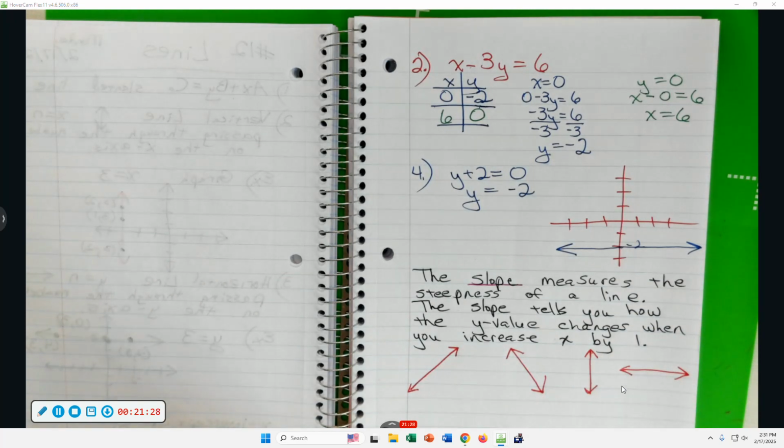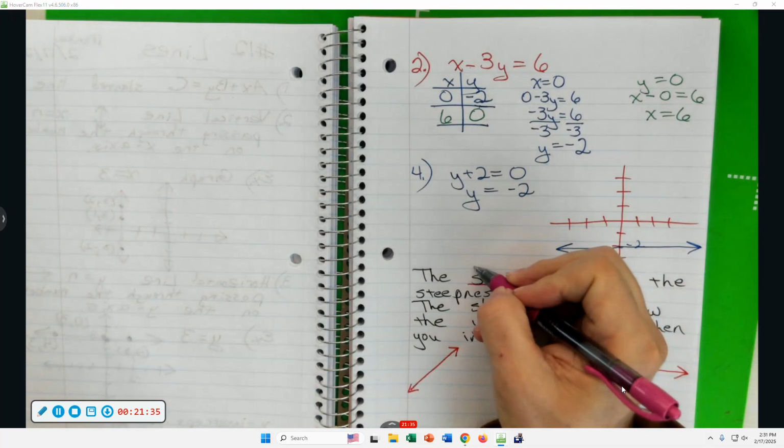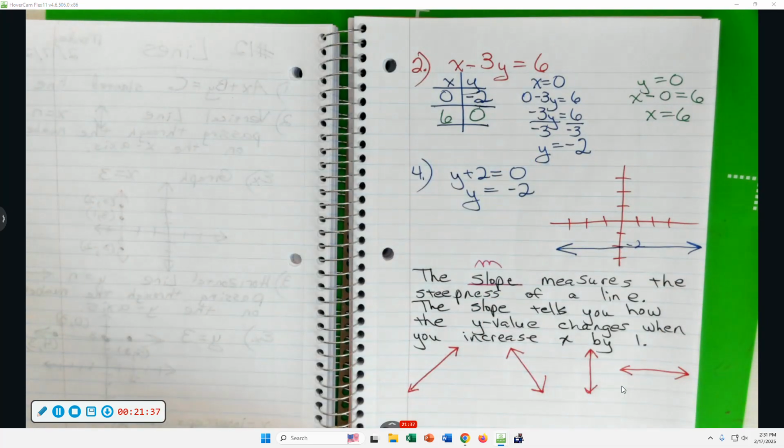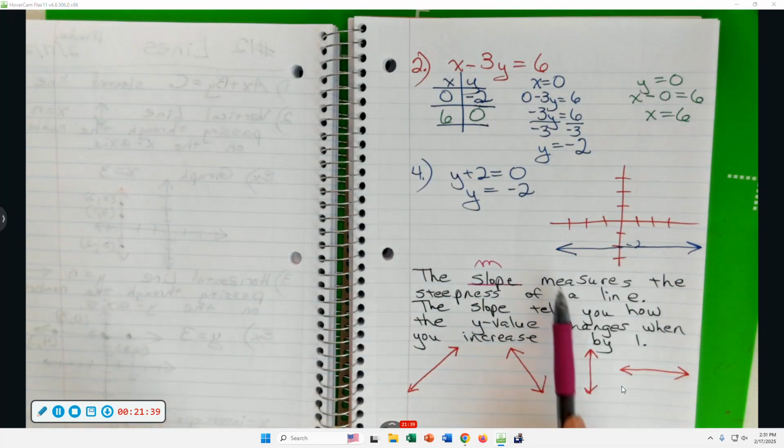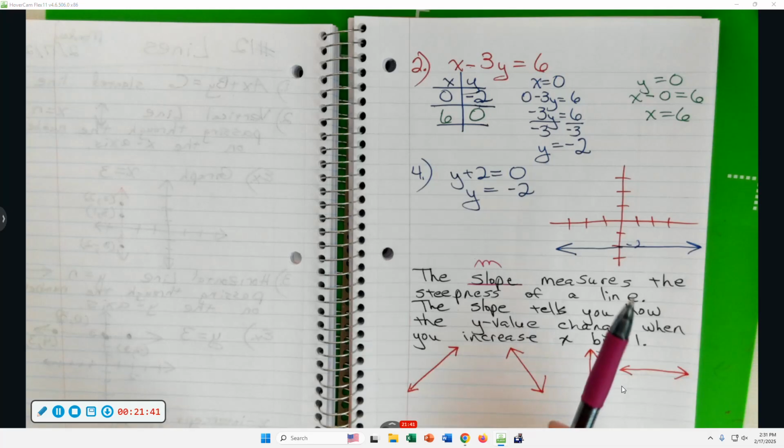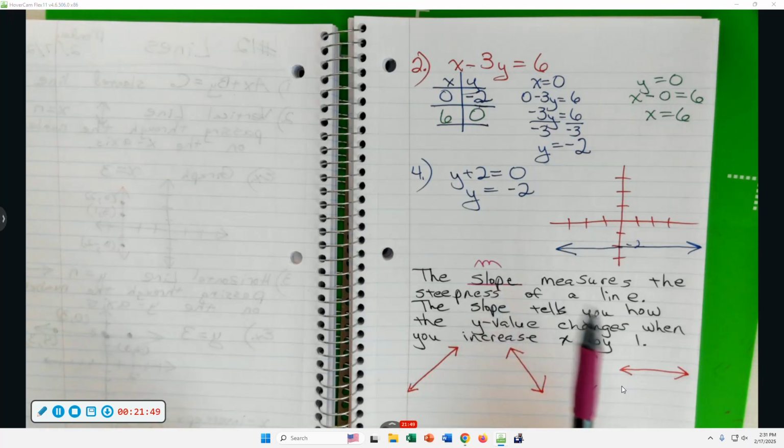Now, we use the variable m to denote slope. People say the m comes from measure. No, they started using m because Keynes, an economist, discovered something called margins.